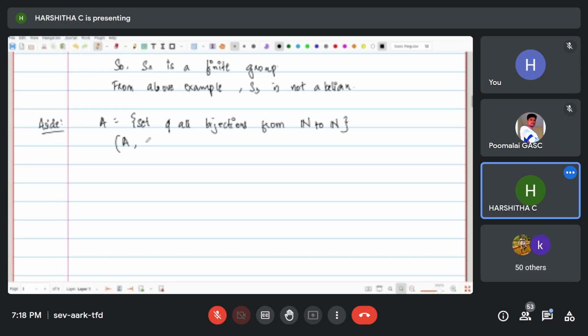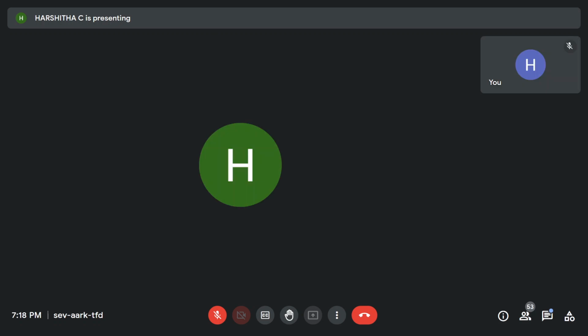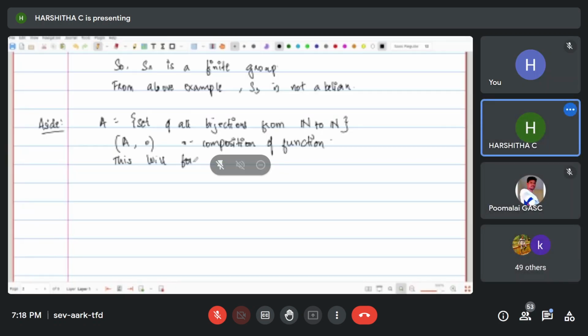This will also form a group, and this will be an infinite group. But when we say Sn, we mean the set has n elements and n is a finite number. Does that answer your question?